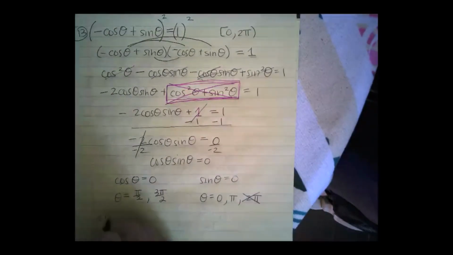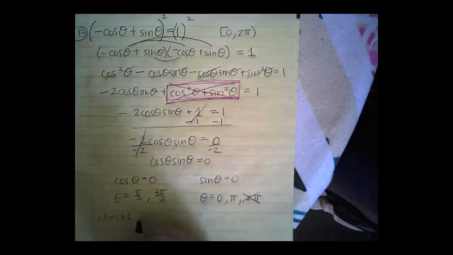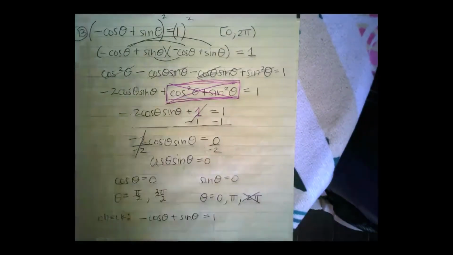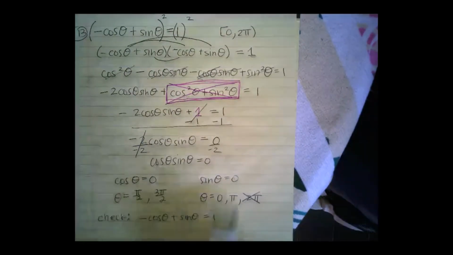We're going to check on the original equation. Look back at the problem. It was negative cosine of theta plus sine of theta equals 1. So we need to check these 4 solutions, which means checking 4 times. First check, we'll start with pi over 2.